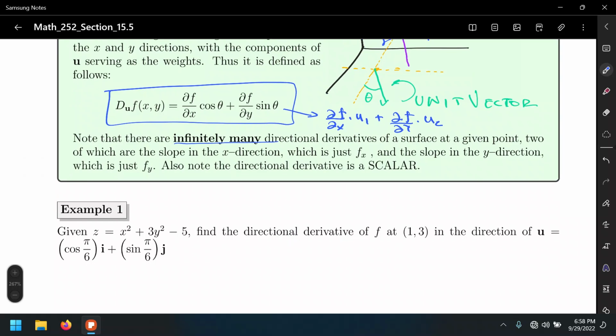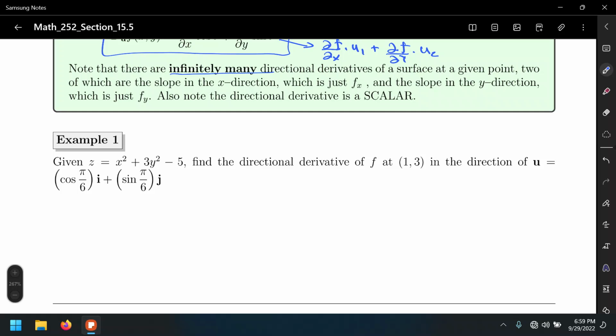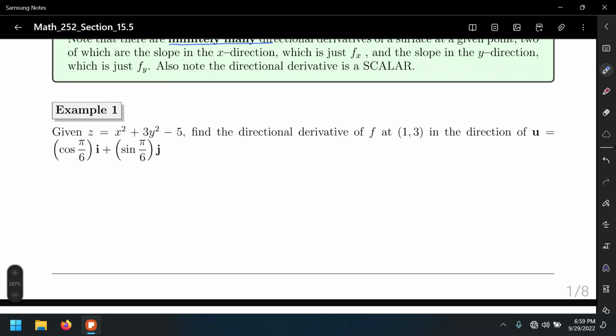So let's have a look at one example. We have the surface given by z equals x squared plus 3y squared minus 5. Find the directional derivative of f at the point (1, 3), in the direction of this vector u, which by the way is a unit vector. It's important that it is a unit vector, otherwise, I'll tell you what happens in a minute.